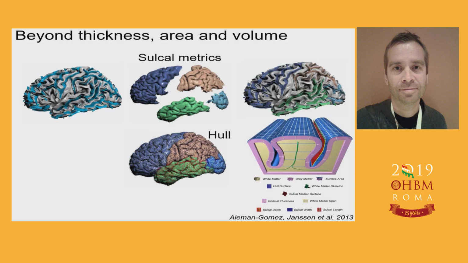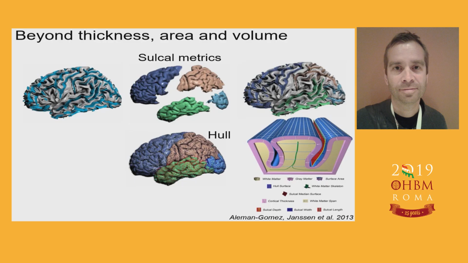On the top left image, you see a pial surface, and in blue you see what in BrainVISA terminology is called the sulcal median meshes. These are artificial meshes that follow the sulcal fundi, and they can be used to extract sulcal-specific measurements.